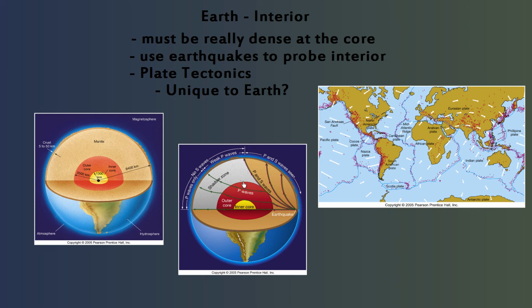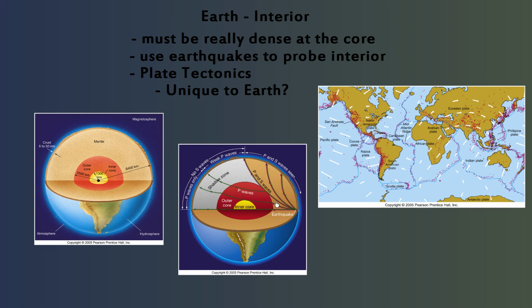So we can calculate. We have seismographs all around the world, and when there's an earthquake here, we can use the data from all of these seismographs to paint a map of how the P waves must have traveled. In addition to the fact that S waves won't go through liquidy material, there's what they call a shadow zone where you see S wave, S wave, S wave, no S wave here.